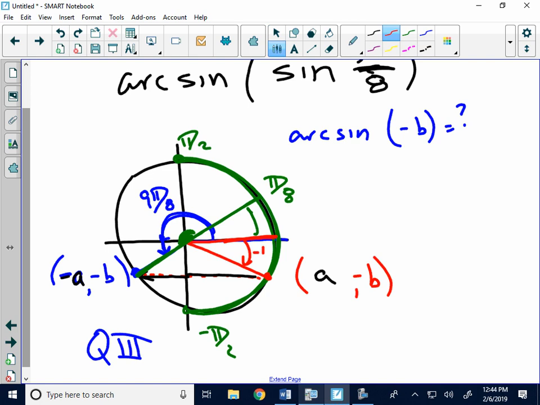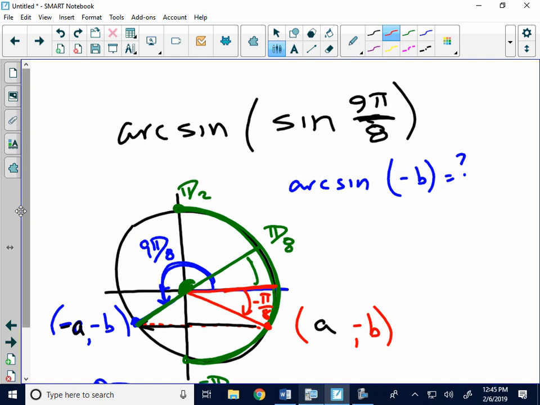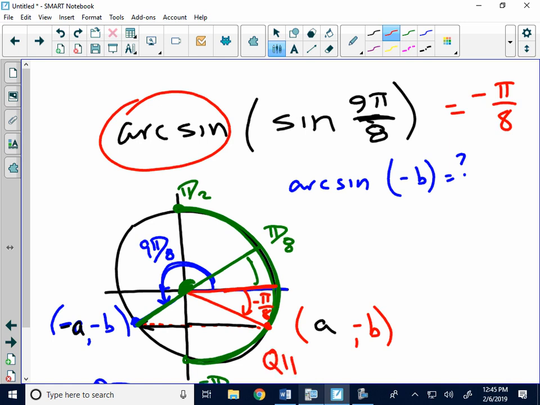And that's the answer to that question, negative pi over 8. As soon as I see arc sine, I know I have to be on the right side of the circle. I do know that this is going to be a negative number, so I have to be down here in quadrant 4. Right? And that gets me to negative pi over 8.